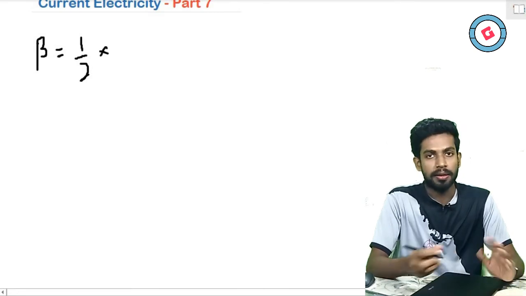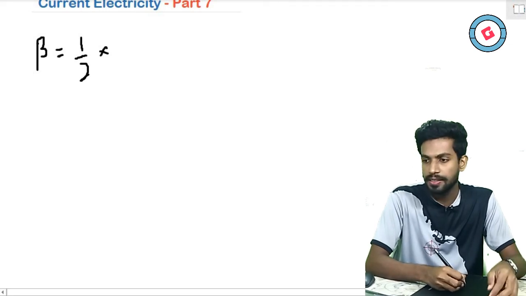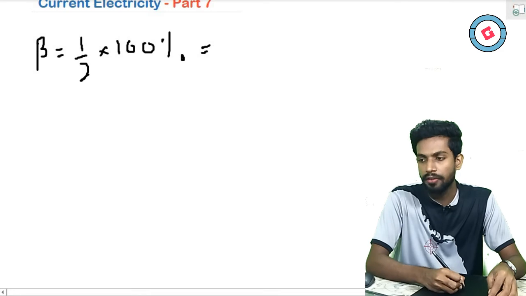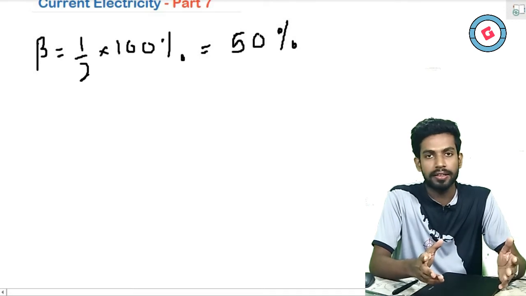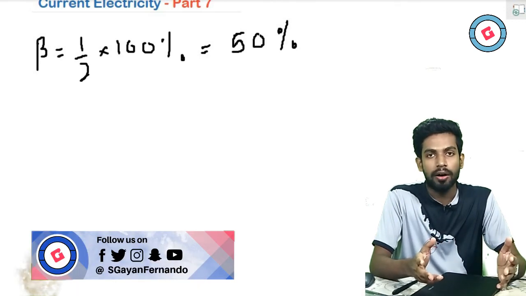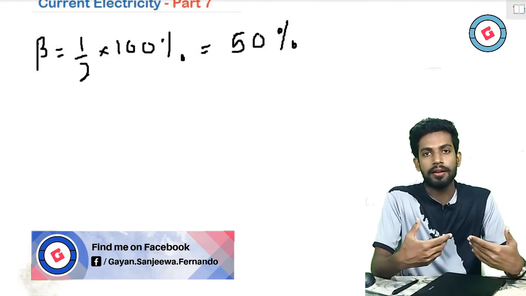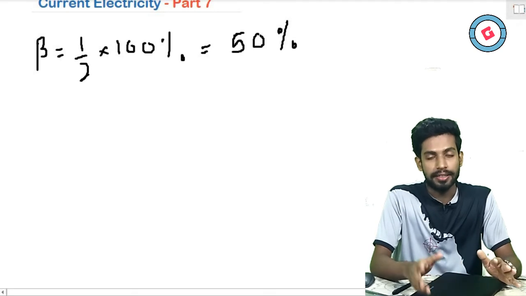And most of the time we express efficiency as a percentage, so half into 100, that is 50%. So the electric efficiency of the external resistance will be 50% when the electric power dissipation from the load resistor is at its maximum.